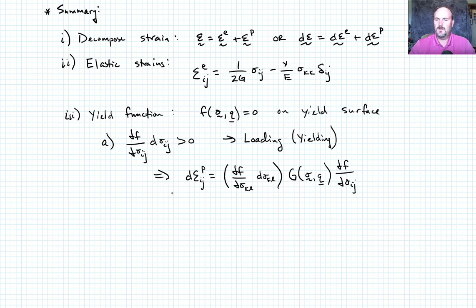The other case is where the partial of F with respect to sigma ij times d sigma ij is less than or equal to 0. Then it's either neutral loading or it's unloading. In either case, that behaves elastically.